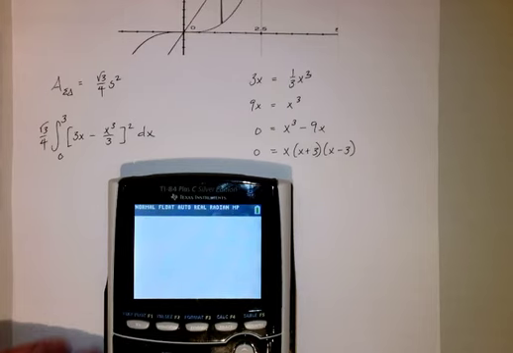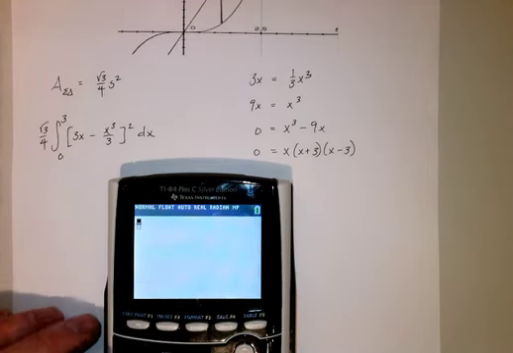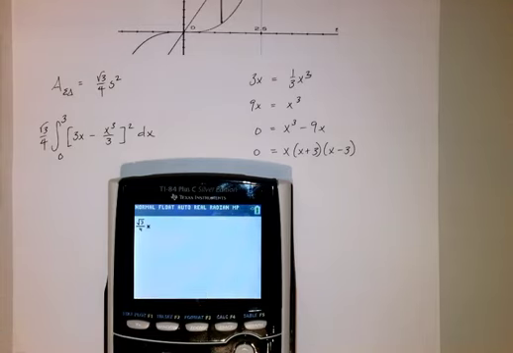So root 3 over 4 times the integral from 0 to 3 of (3x minus, let's go ahead and do a proper fraction) squared dx.